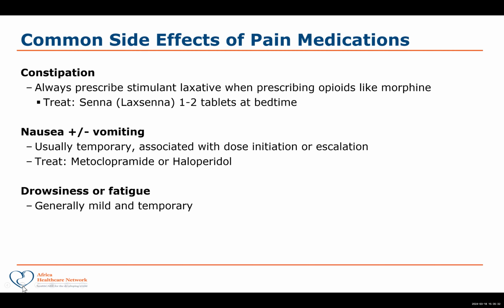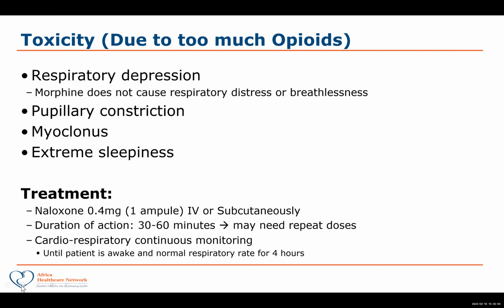So the nausea and vomiting doesn't often last very long, but maybe the first few days of starting a new medication like morphine. And then generally, patients can feel drowsy or tired, but again, that's also usually temporary. We do need to remember for our kidney failure patients that there is a risk of toxicity due to too much opioids.